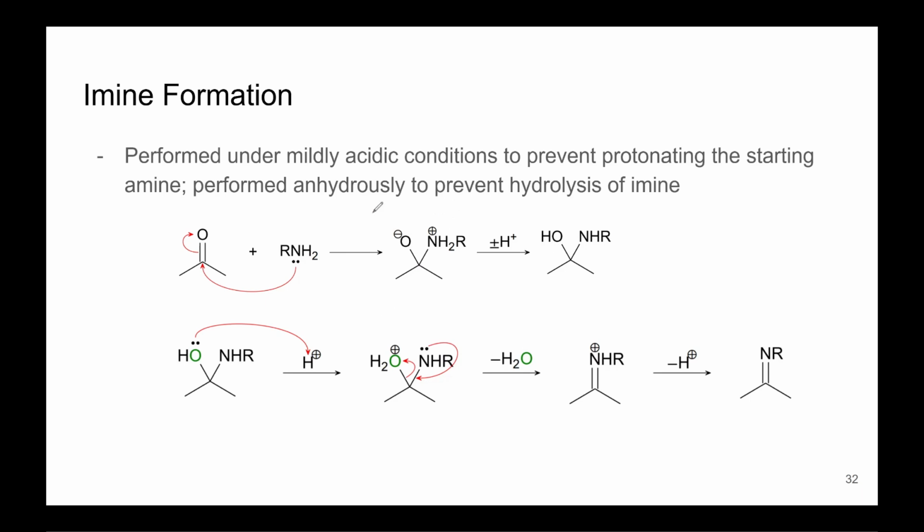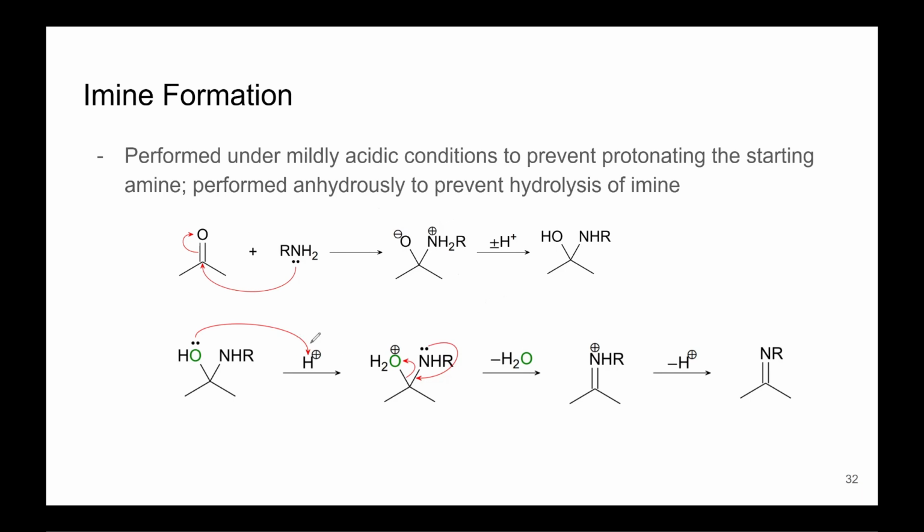However, you must make sure that the reaction conditions are mildly acidic, because if the conditions are basic, then this intramolecular proton transfer cannot occur anyway, because your external strong base can just grab one of the protons here, and then you wouldn't have a proton to protonate your O minus group.